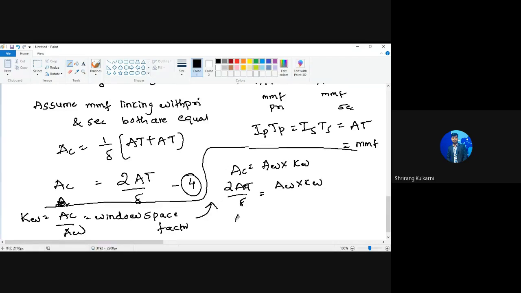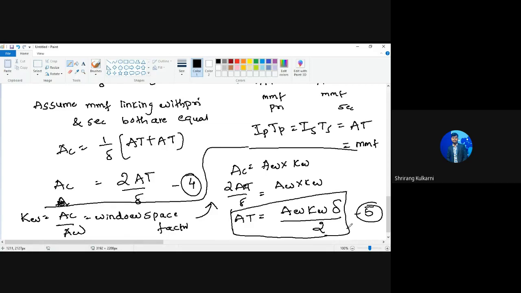So now AT will be equal to AW into KW into delta divided by 2. Say equation number 5. It is the AT equation, AW KW delta by 2. With the help of the window space factor, we have calculated that.